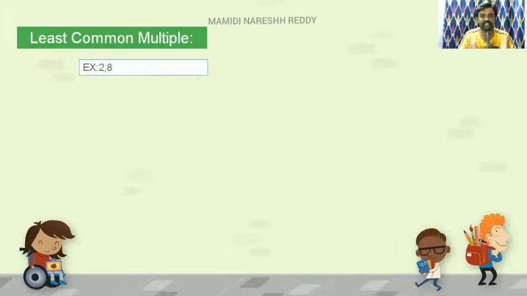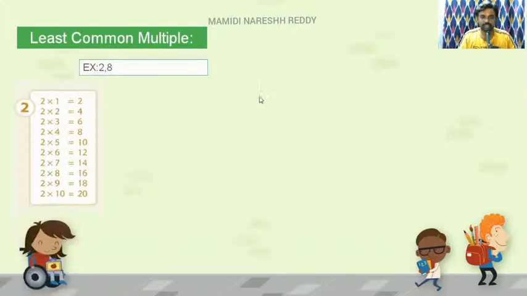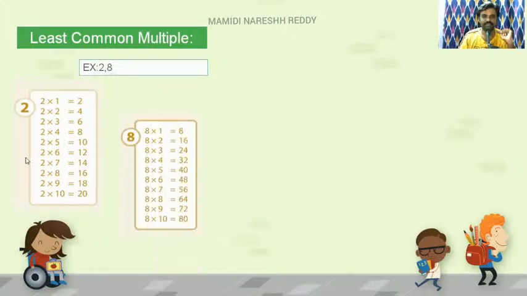Let us learn the clear definition, how we can apply it, and what the role of the LCM is. I'm taking the 2 table, you know everyone is perfect in the 2 table, and the 8 table also. We are going to learn the formal definition and how we can apply it to the numbers. Easily we can understand that.